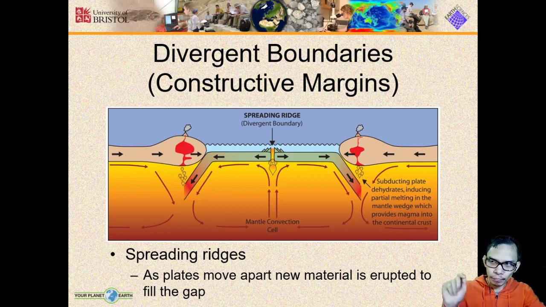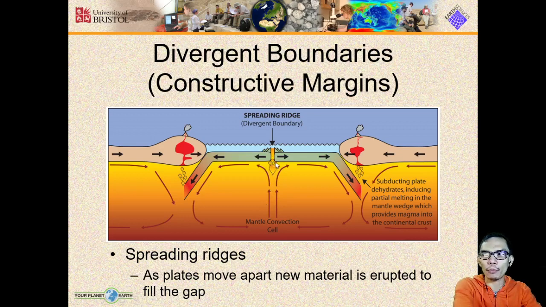At the middle of this plate boundary, there is what they call a ridge. This is the ridge where new material comes up from the mantle.